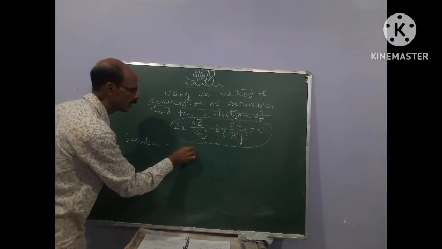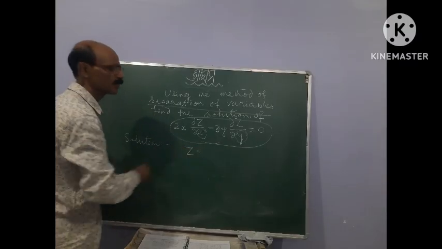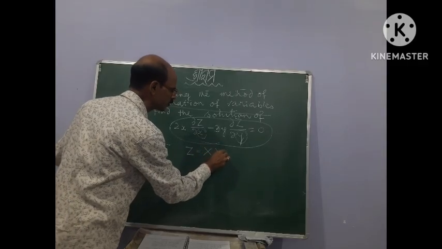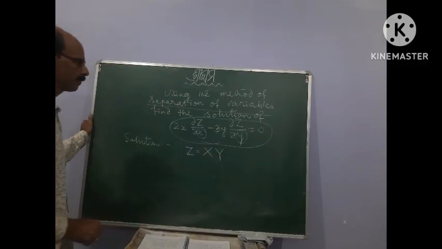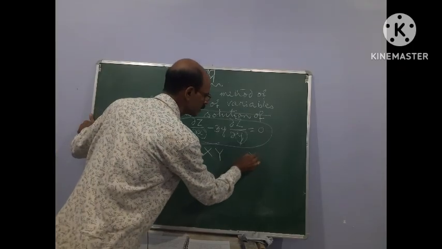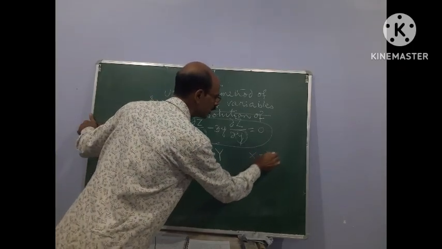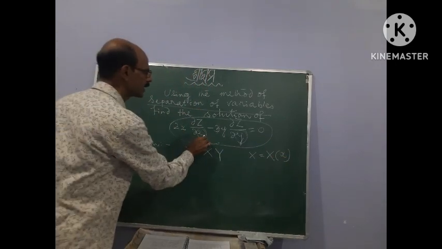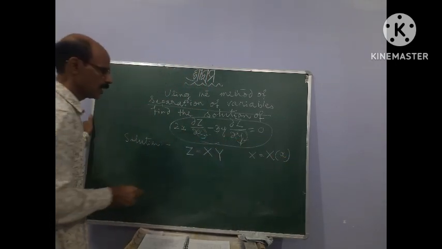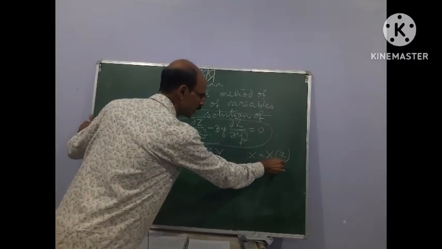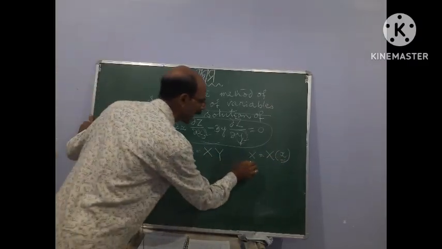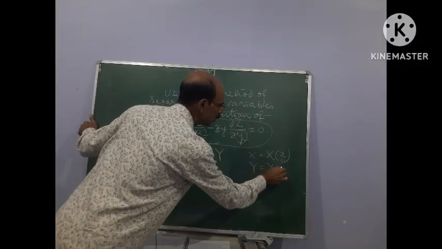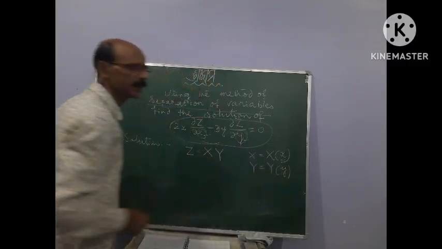So according to the method of separation of variables, let us write z is equal to X into Y, where capital X is a function of the independent variable small x only and capital Y is a function of the independent variable small y.